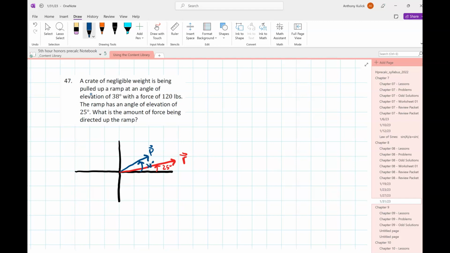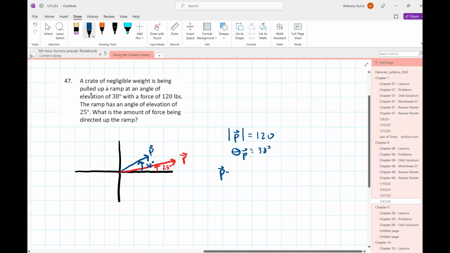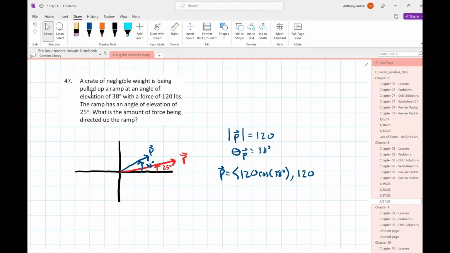So I know that the magnitude for that pull vector is 120, and the angle for that pull vector is 38. So I can resolve that pull vector into a component form vector by doing magnitude times cosine of the angle, comma, magnitude of the vector times sine of the angle.